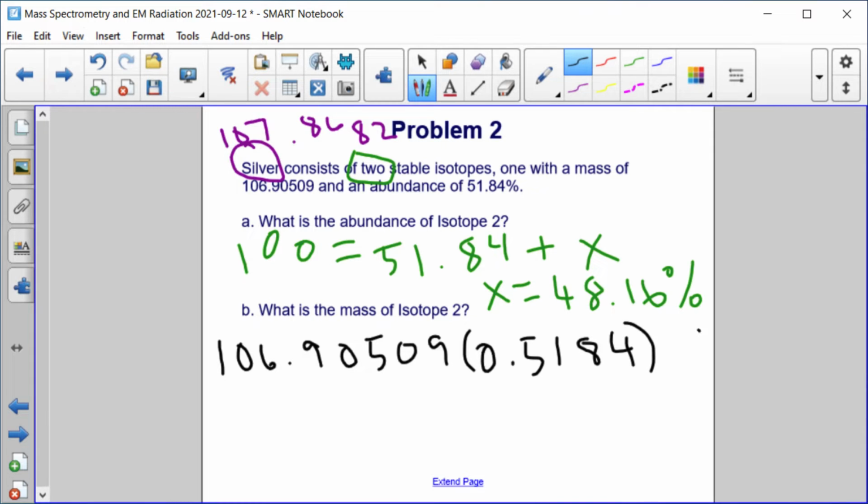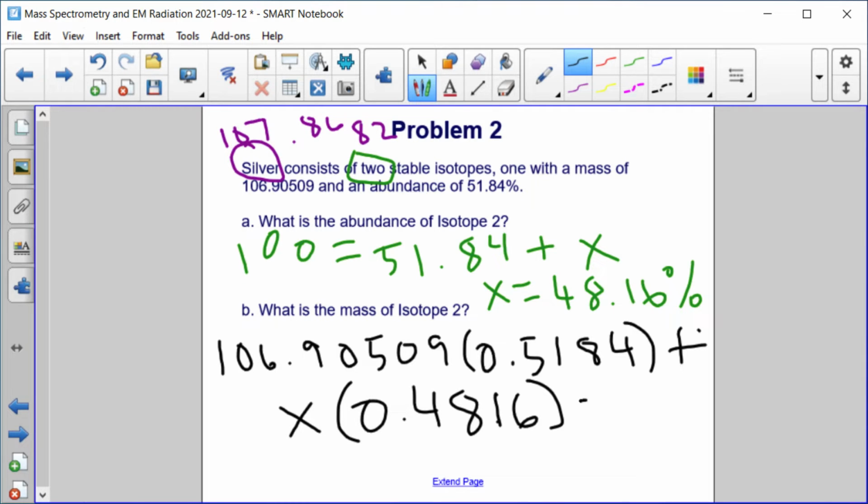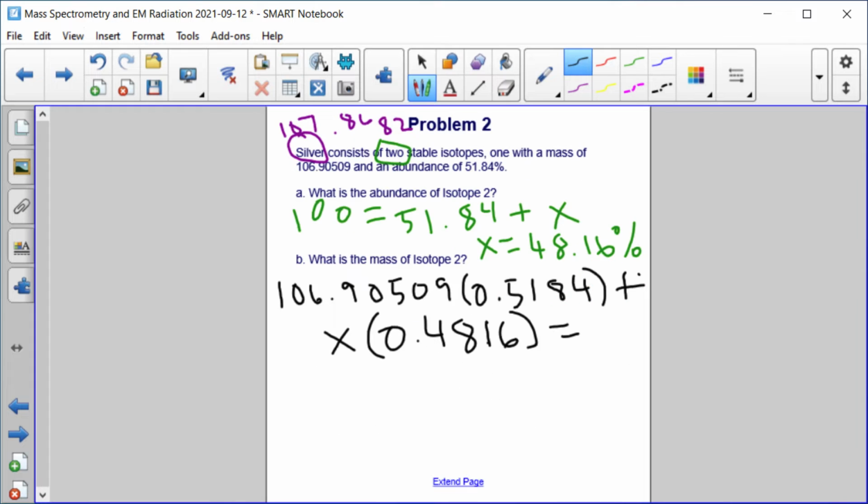And I'm going to add to that the second isotope mass, which we do not know. I'm going to call that X, and its percent abundance is 0.4816. And that has to equal our overall 107.8682.